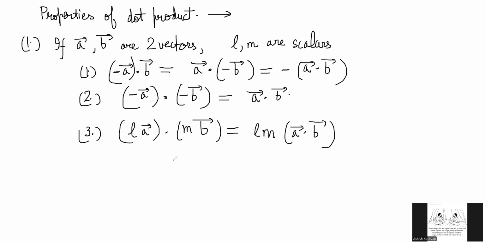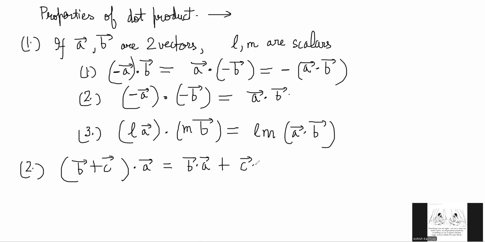Then we have distributive law also. Distributive law also works. For example, you can say B plus C dot product with A will be equal to B dot A plus C dot A. And the same thing can be written like this also.